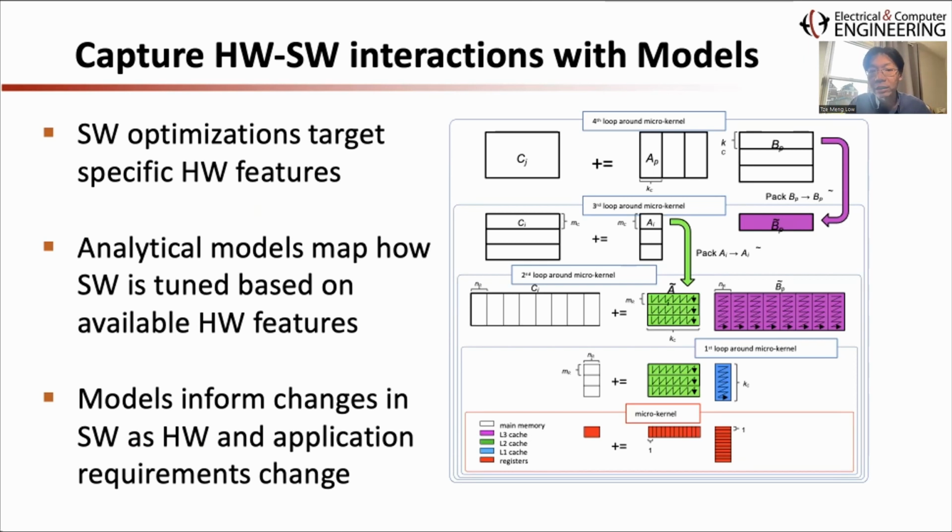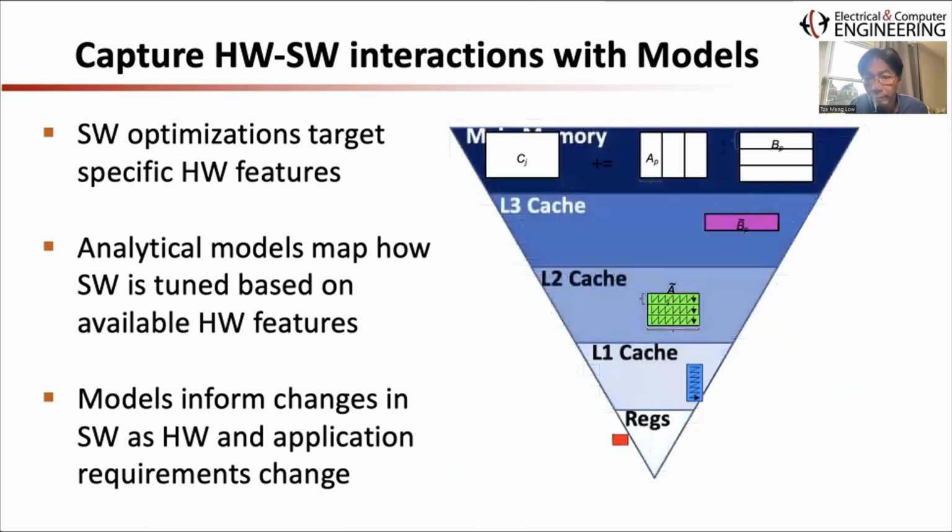So let me explain with the picture on the right. So here, what I have is a high performance matrix multiply, or a cartoon of the loop structures of a high performance matrix multiply. The important thing here is that the red box is where all the computation happens. And then the blue boxes around it are loops that are targeting the different levels of the memory hierarchy, right?